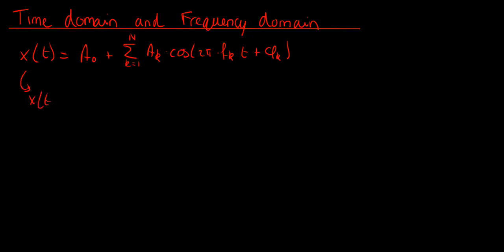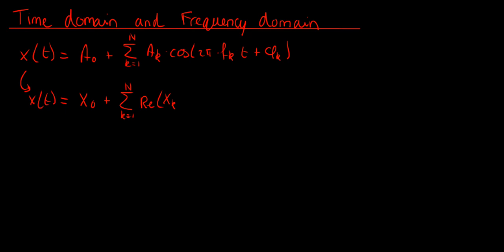namely, as we have seen in the previous video, where we would rewrite this as a real part of complex exponentials. So we would have k is 1 up until however many sinusoids we have, of the real part of x_k, where x_k and x_0 are also amplitudes, but they also have an e power included in them.